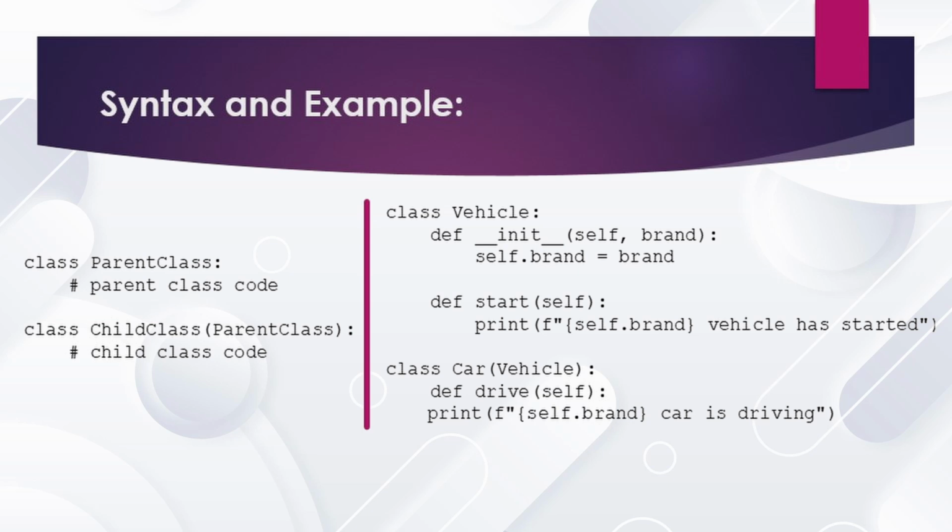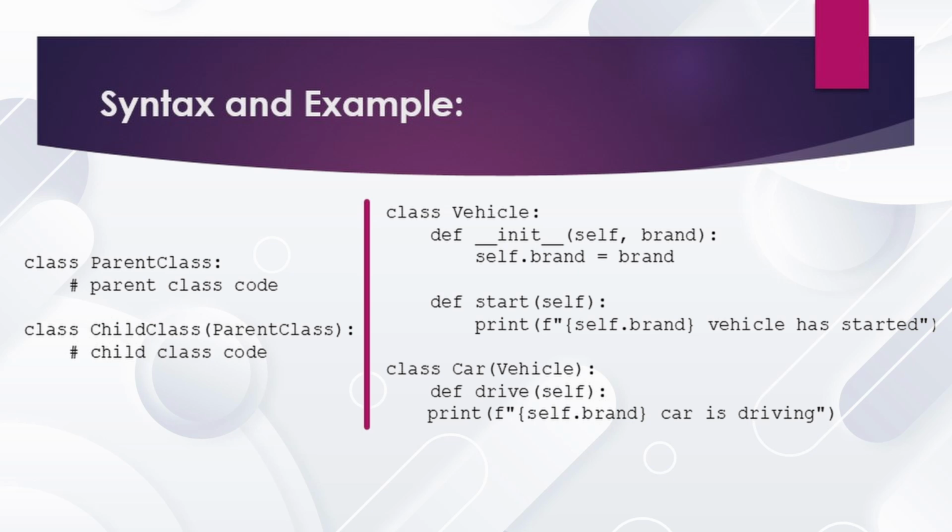In the example, we have a parent class named Vehicle. The program has a constructor in it that initializes the brand attribute. It also has a method start that prints a message indicating the vehicle has started. The brand name is included in the output using f-string formatting.